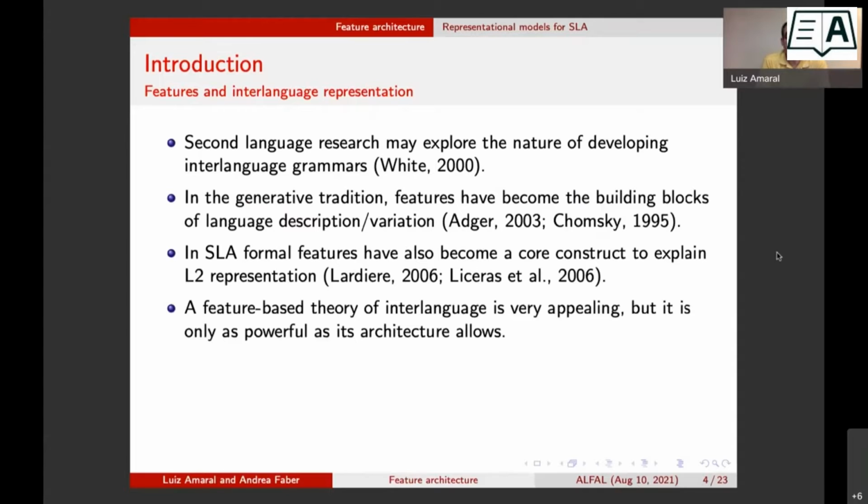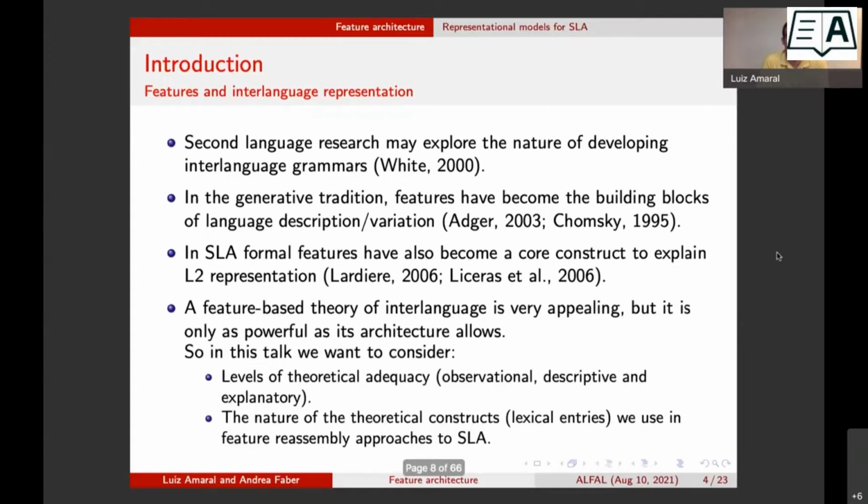So a feature-based theory of interlanguage is very appealing, but it's only as powerful as its architecture allows. And when Lardiere published a paper in 2009, and there were some people talking about it, one of the things that we believe was that there are still some things that need to be more clear or specified exactly in how features behave in terms of feature representation, so that we can take full advantage of it.